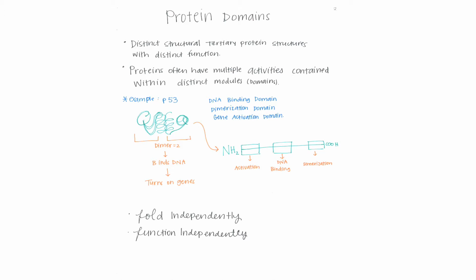So that these domains actually may have been separate at one time and then joined together in order to make a DNA binding protein that would lead to gene activation. So let me give you an example of why we think that is probably true.